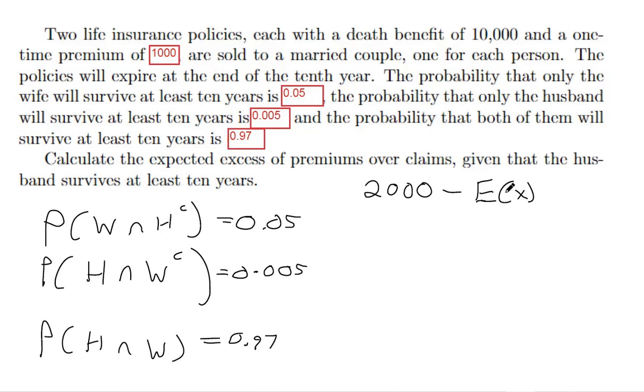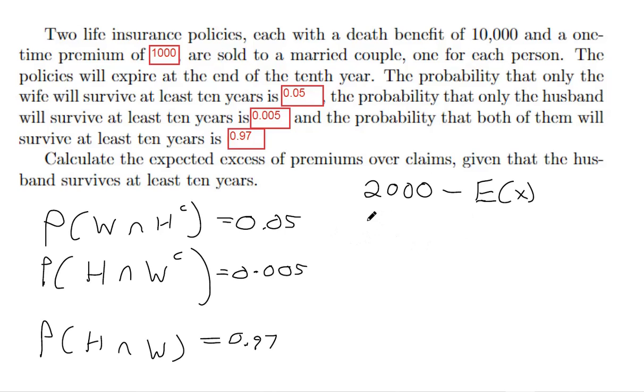But we want to calculate the expected value of what the insurance company will have to pay out, because we subtract that from our premiums. The insurance company gets $2,000, but they subtract a weighted value of how much they could potentially give out. We're going to weight it by these probabilities.